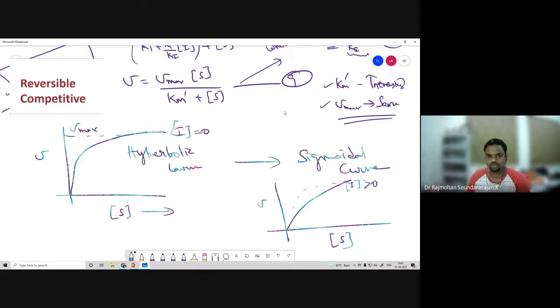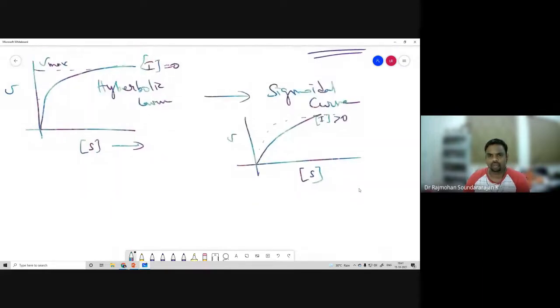You can superimpose these two graphs to have a proper comparison.